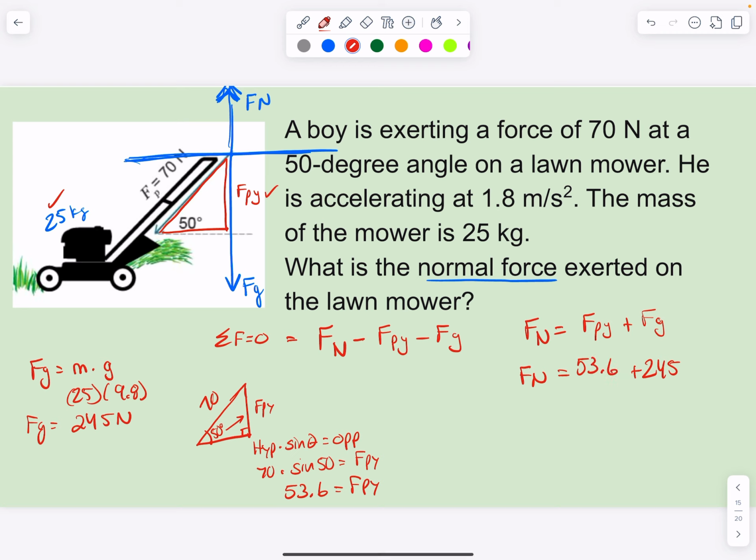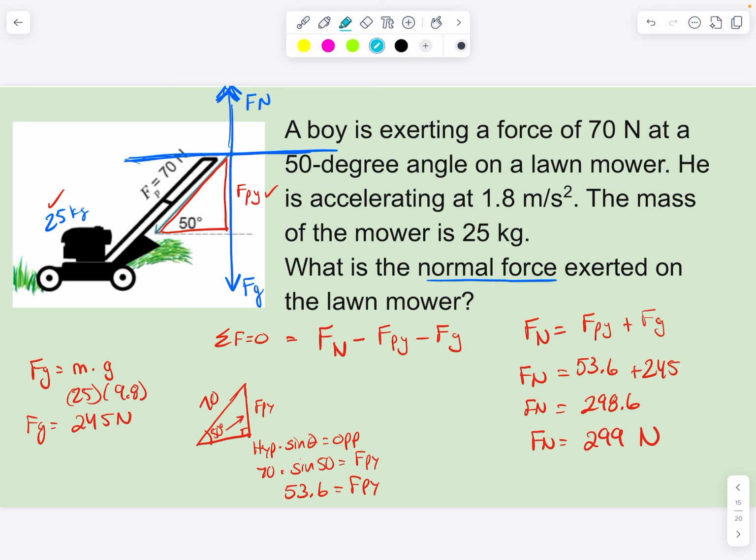So 245 plus 53.6 is equal to, in this case, 298.6. Or if we round that to the nearest whole number, we would say our normal force is equal to about 299 newtons.